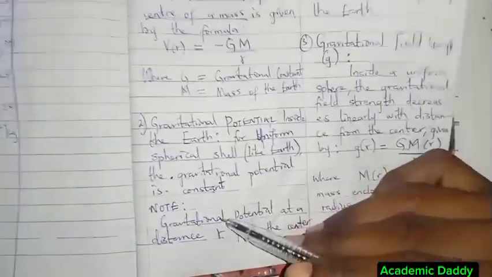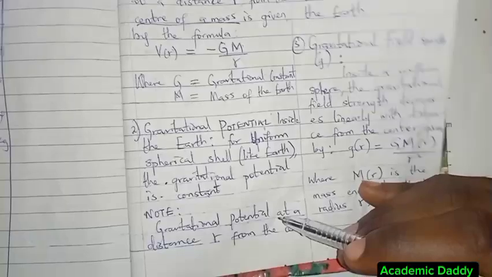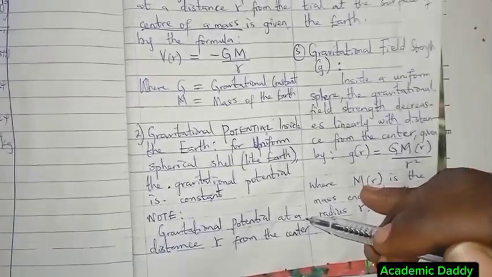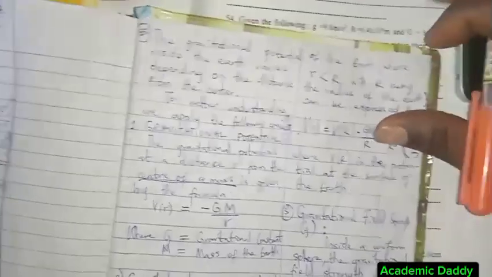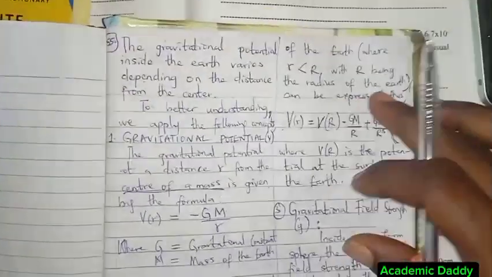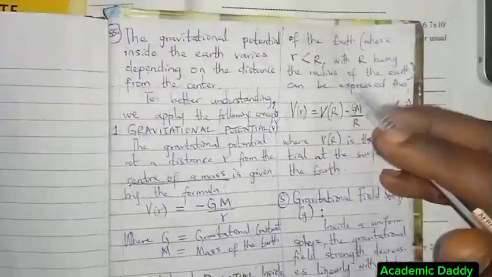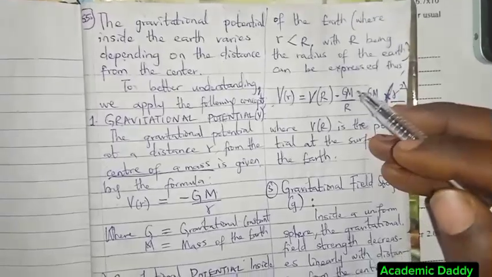Now I said note, gravitational potential at a distance r from the center of Earth, where r is less than R, with R being the radius of the Earth, can be expressed thus.